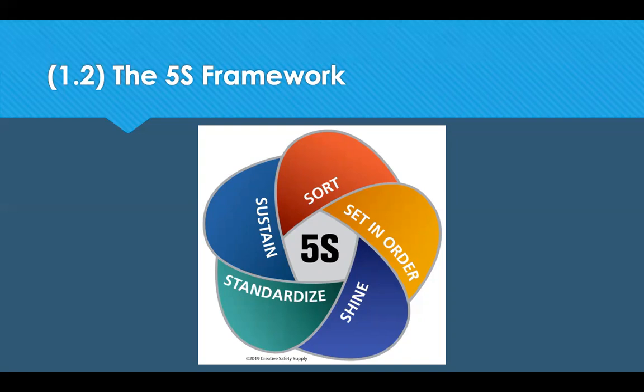The shine bit is inspecting the items that are on the shelf to find any defects and basically getting rid of them. Standardize is to create a process that's going to be followed by anybody thereafter so they can put things away and keep to the standards that you've set. And then sustain it. To embed this as your daily routine, it should become a habit and good practice.